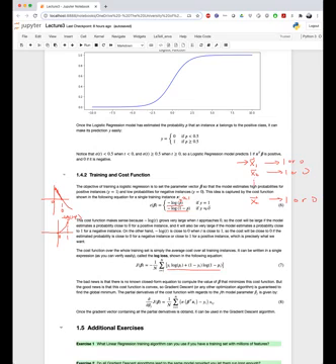If yi is equal to 0, this term will go to 0. Then you have 1 times log 1 minus pi, and also including this negative, you have negative log 1 minus p. So we now know the cost function for the logistic regression.